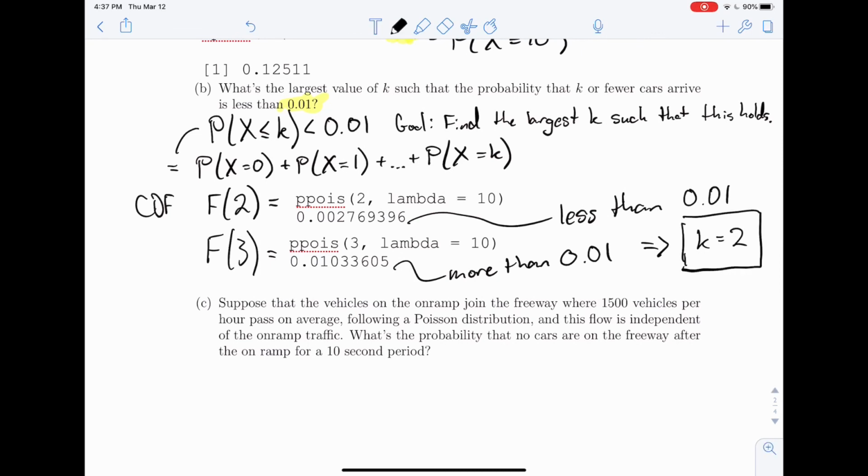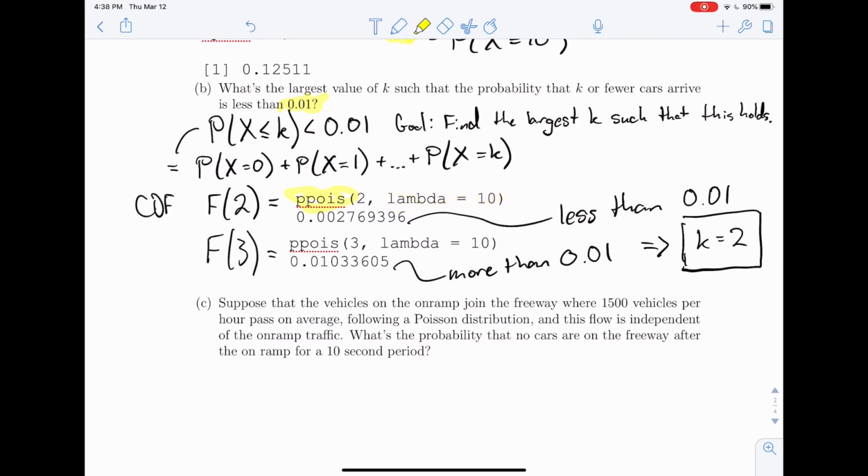Okay. So this didn't really have anything to do with it being Poisson. We just had to use the CDF over here. That's the thing that really mattered, using the CDF. For any other distribution, it would be the same. We would just be replacing the cumulative distribution function here that we're using with a different function and maybe different parameters.